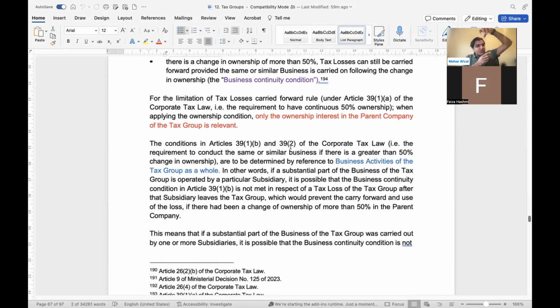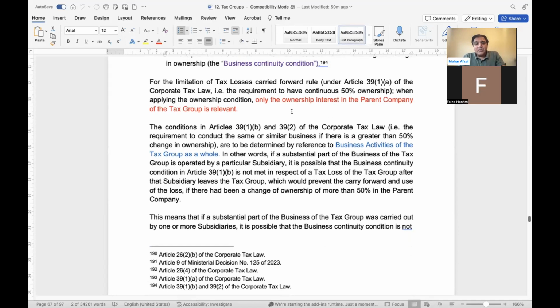Now, first is change of ownership. Second is continuity of business. This continuity of business is applicable on an entirety basis, not to the individual members of the tax group or to the parent company. It will be applicable on its entirety, on an overall basis. So only the ownership interest in the parent company of the tax group is relevant.